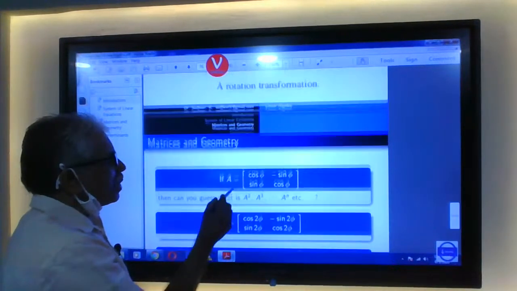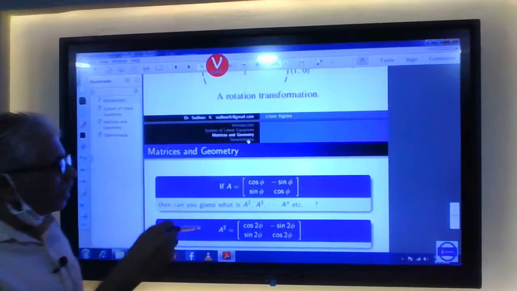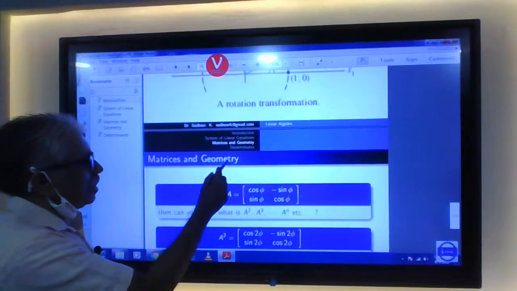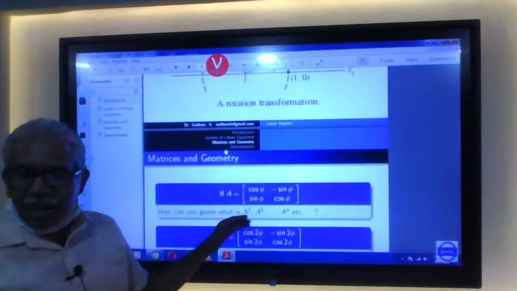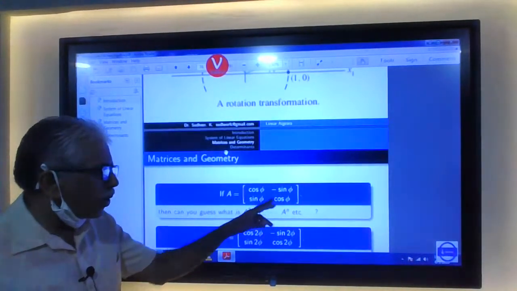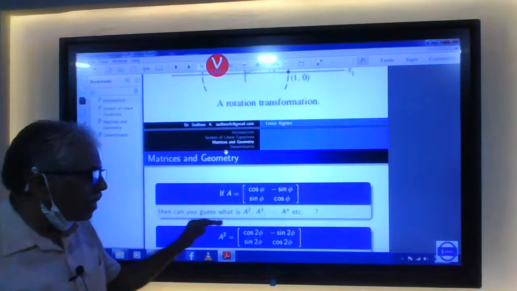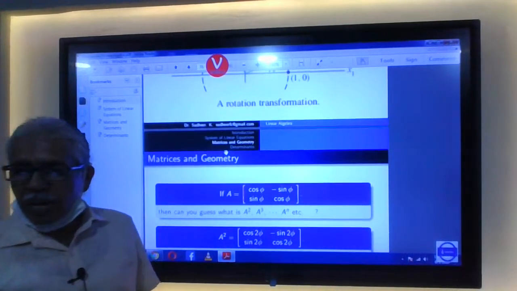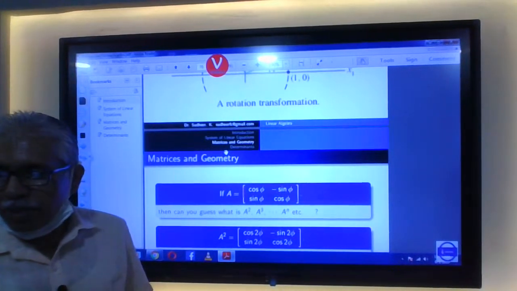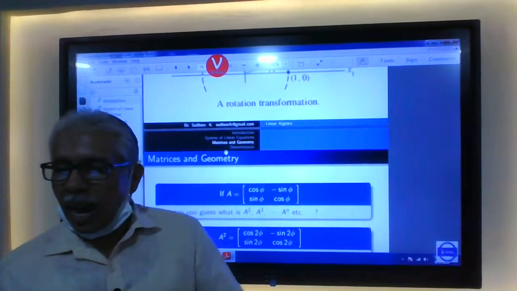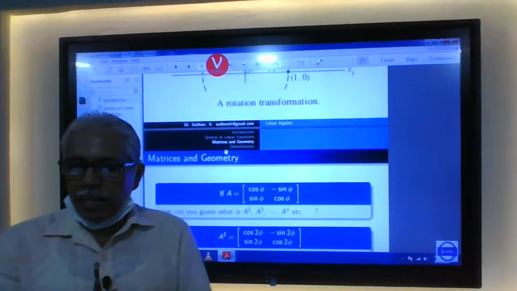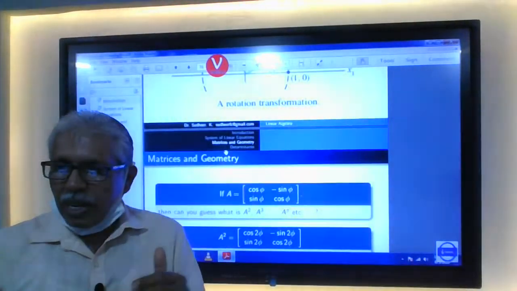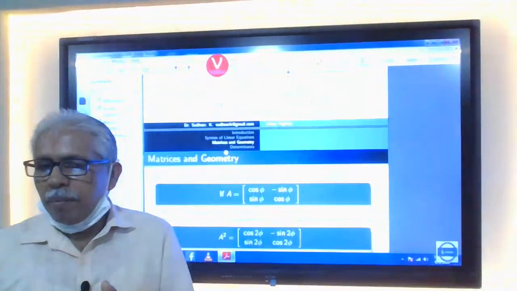So I'll ask you, if the matrix A is making a rotation through an angle phi anti-clockwise, what would be A squared, A cubed, etc.? A squared means A acting twice. So you see, if A is acted once, it makes a rotation through an angle phi.